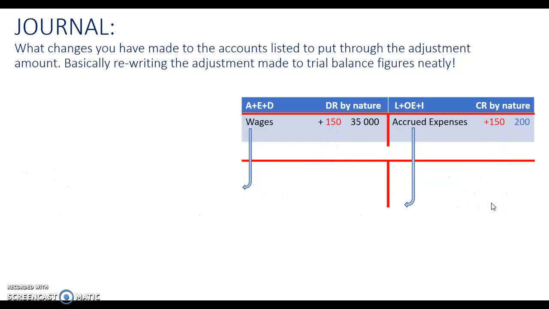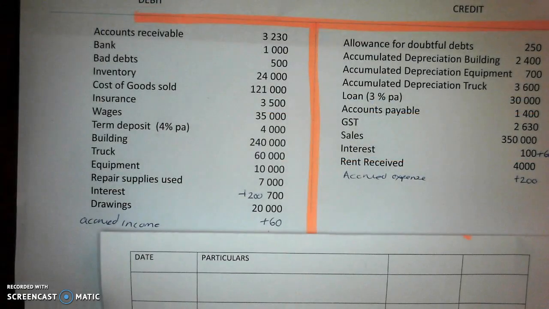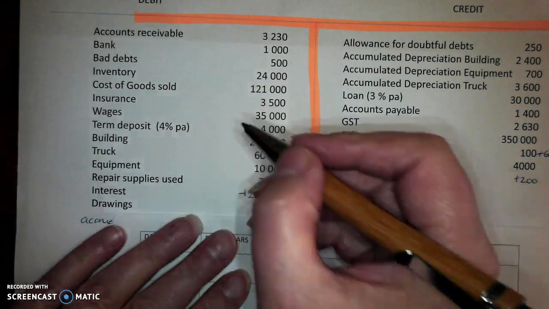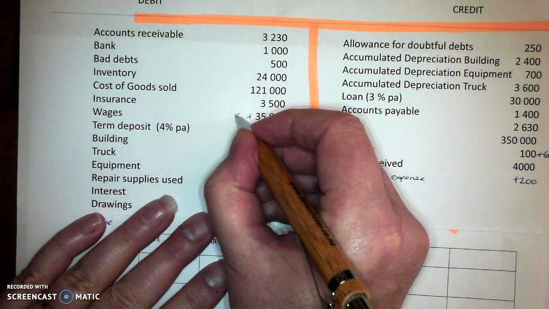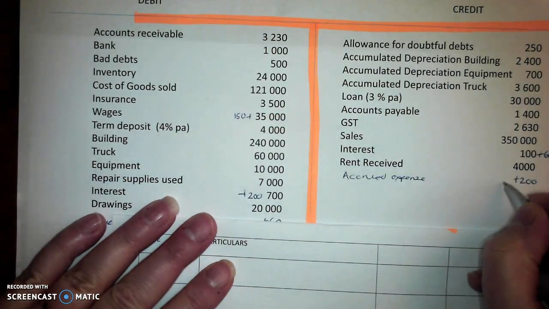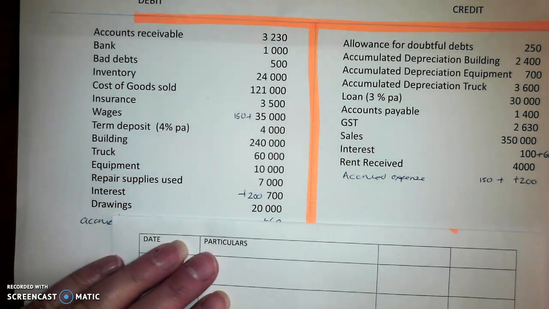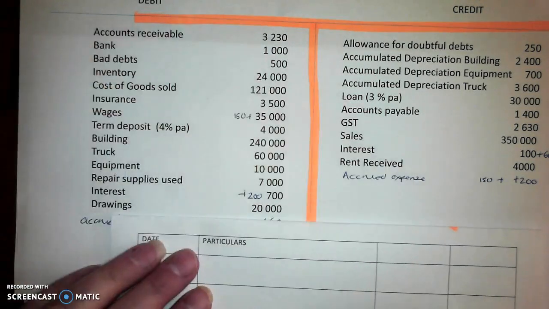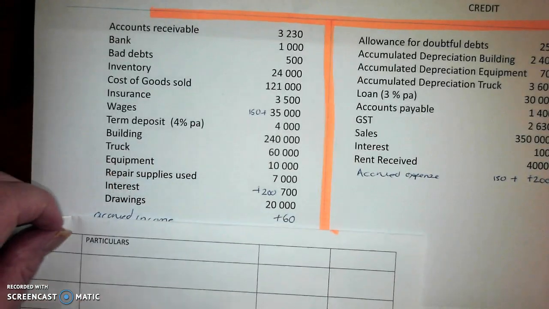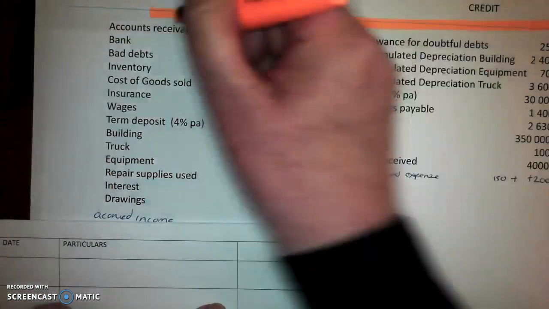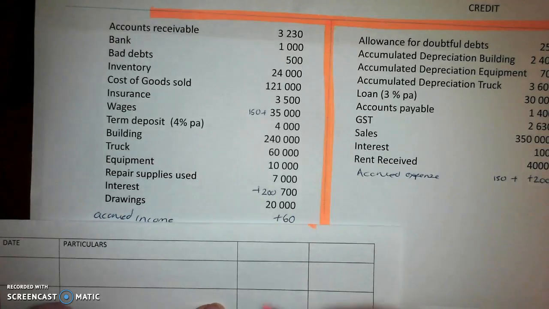If you were sitting in an exam to do this, let's have a look at how that would reflect on there. There's my wages. I'd add my 150 onto there, and I'd add another 150 onto my accrued expense account there. I would go to the template that they would give me, and I would draw up my trial balance T like that.